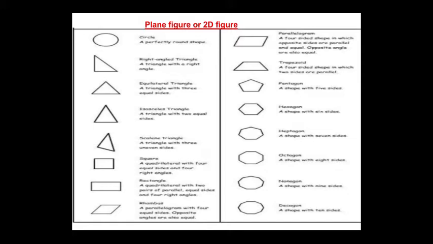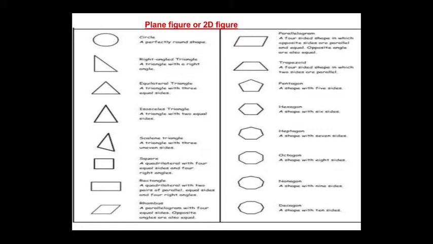Isosceles means only two sides are equal. A triangle in which only two sides are equal is called an isosceles triangle. A scalene triangle means a triangle which has all sides different. A triangle with three uneven sides, uneven meaning unequal sides, is called a scalene triangle.